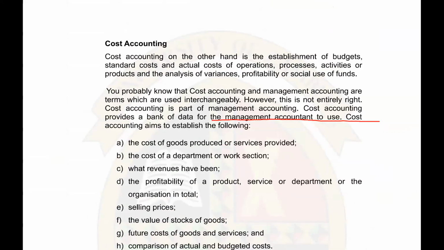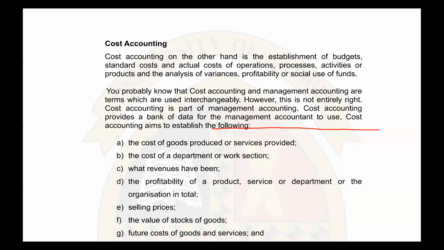So, about cost accounting. In cost accounting, what we do is establish the budgets, the standard costs, and the actual costs of operation. We establish the processes, the activities, the products, and we analyze the variance, profitability, or social use of funds.